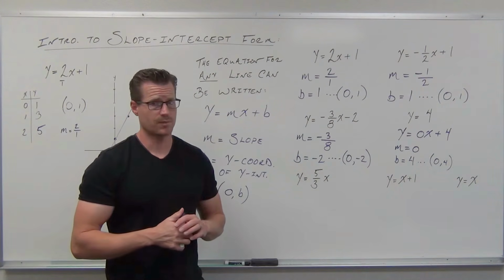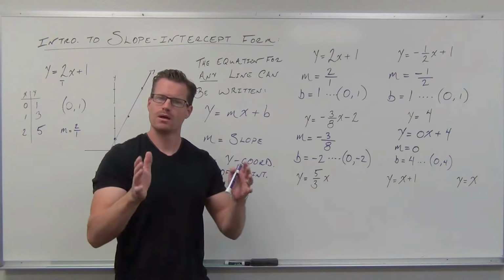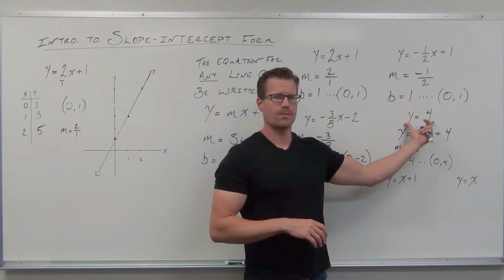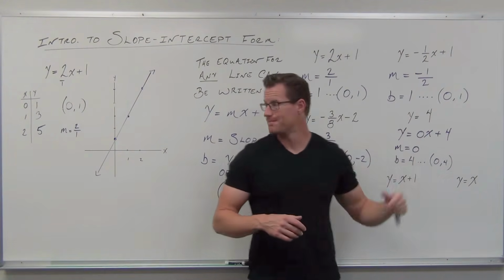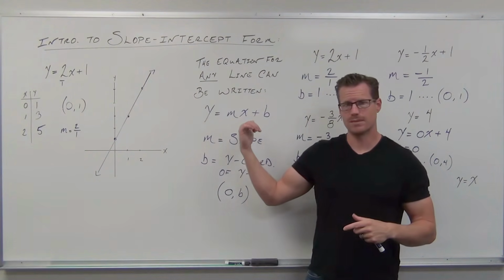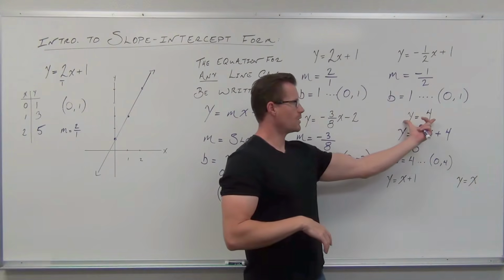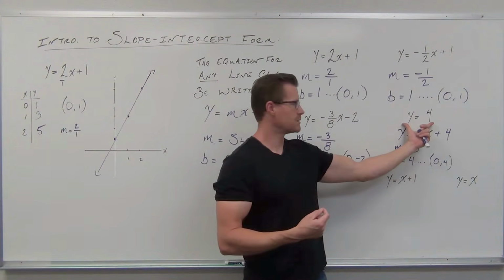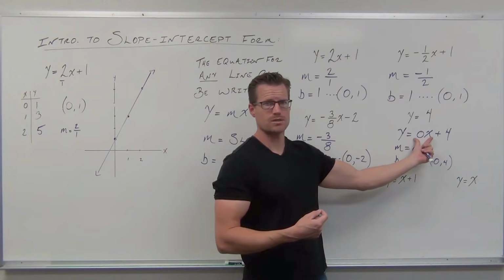That's weird for a lot of people. If you're like, what just happened? You're not alone, okay? That's a horizontal line. We've studied them before. Horizontal lines do have a slope of 0. I'm just trying to get you to see that it still fits that formula. It still fits slope-intercept. So if you don't have any x's, you can always put in 0 times x to represent that.